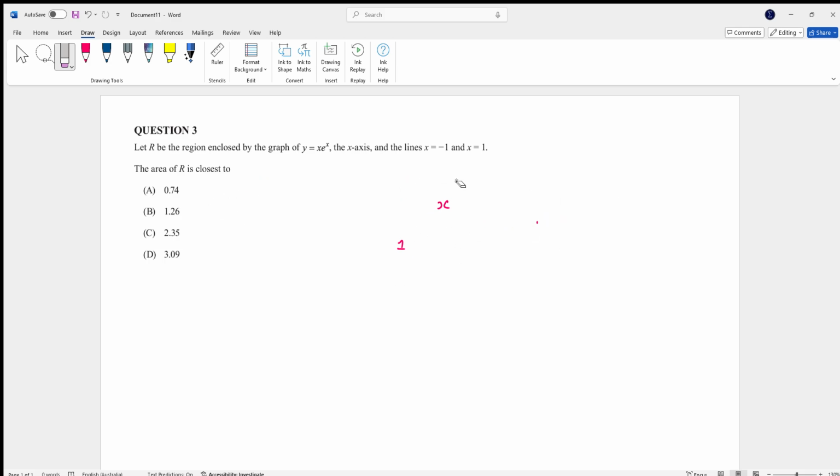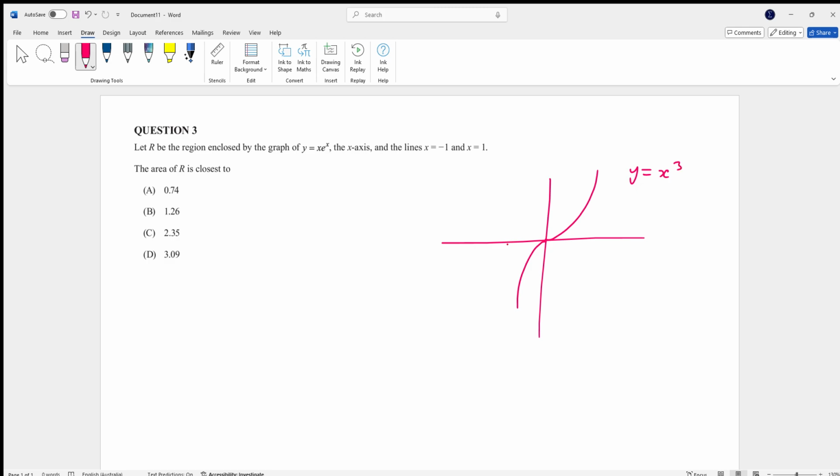So when we have functions that are below the axis, for example, let's think of the basic cubic, y equals x cubed.